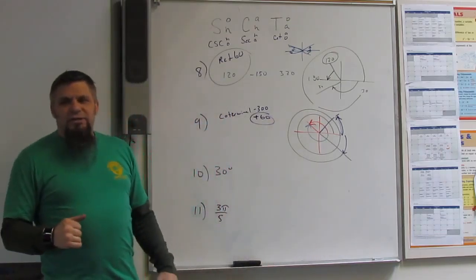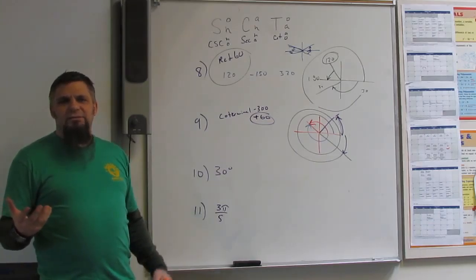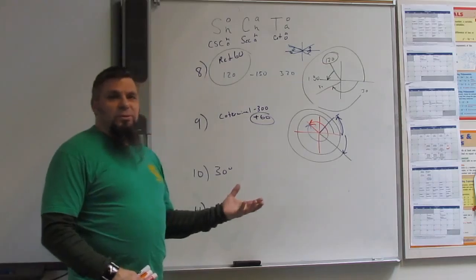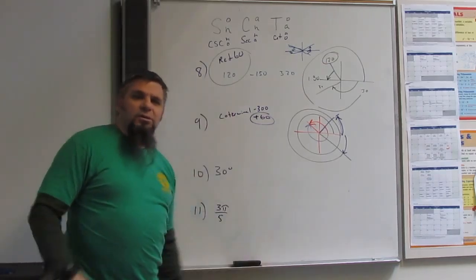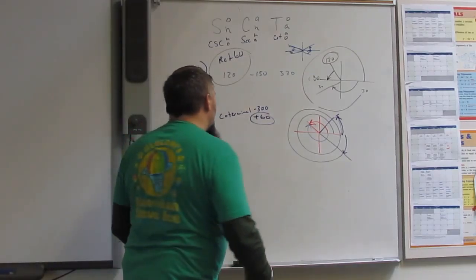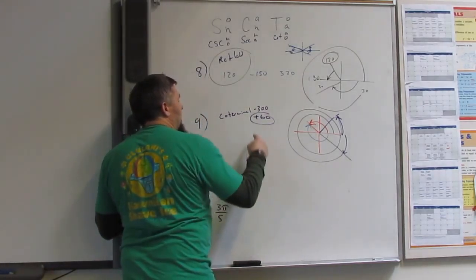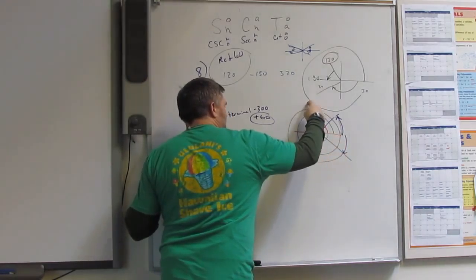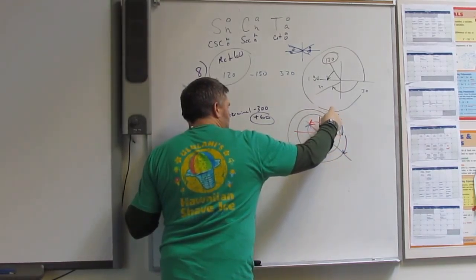When you add 300 and you add 60, you get 360. It makes a circle. Or 720, you're always ending the circle.